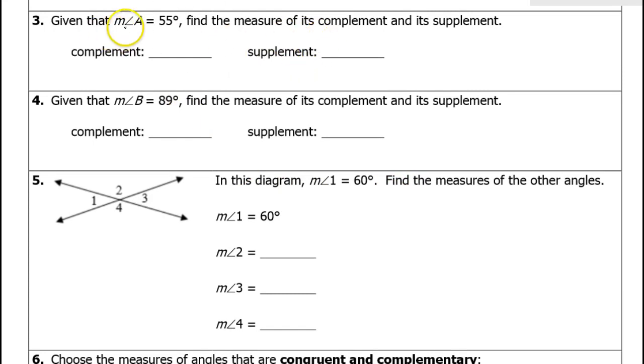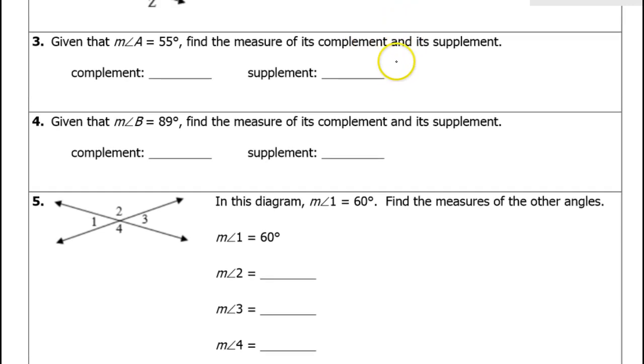Okay, given that the measure of angle A is 55 degrees, find the measure of its complement and supplement. Alright, well, complementary angles add up to 90 degrees. Supplementary angles add to 180 degrees.